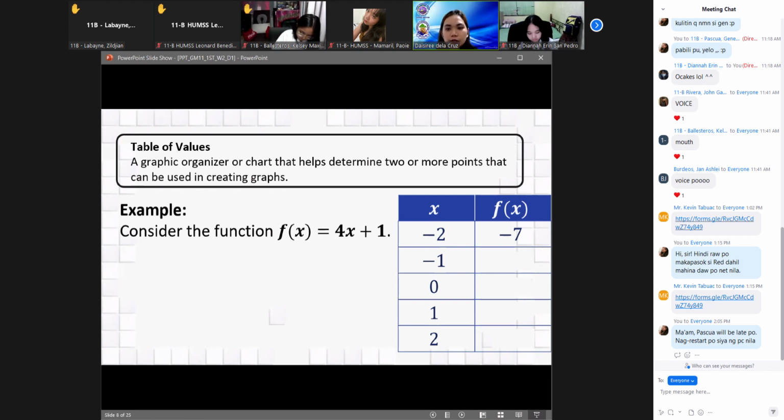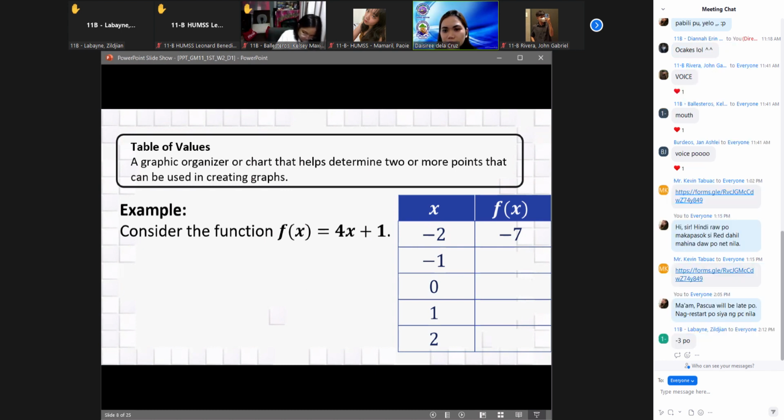O final answer, yung output na lang. Sira po ata yung mic. Sira yung mic, narinig kita anak, pero wala yung sagot mo. Sige, Kelsey, what is your answer if we have -1 sa input?